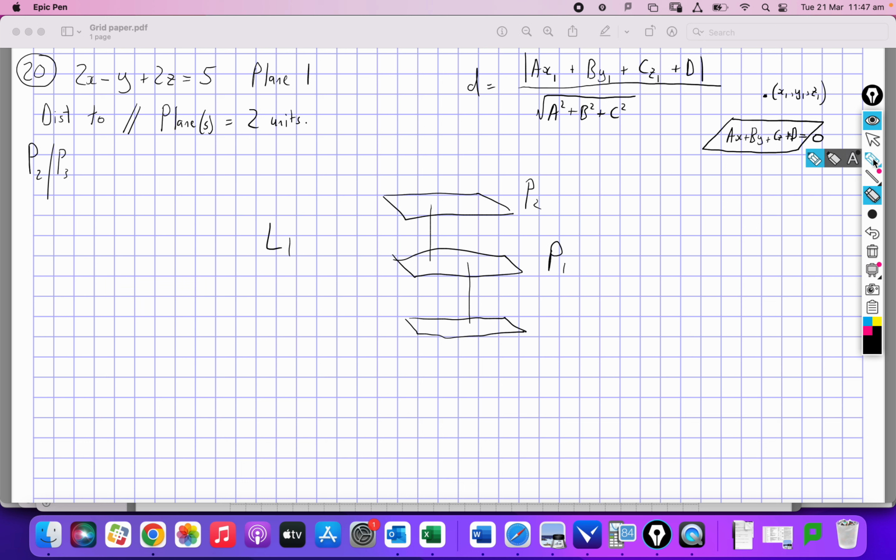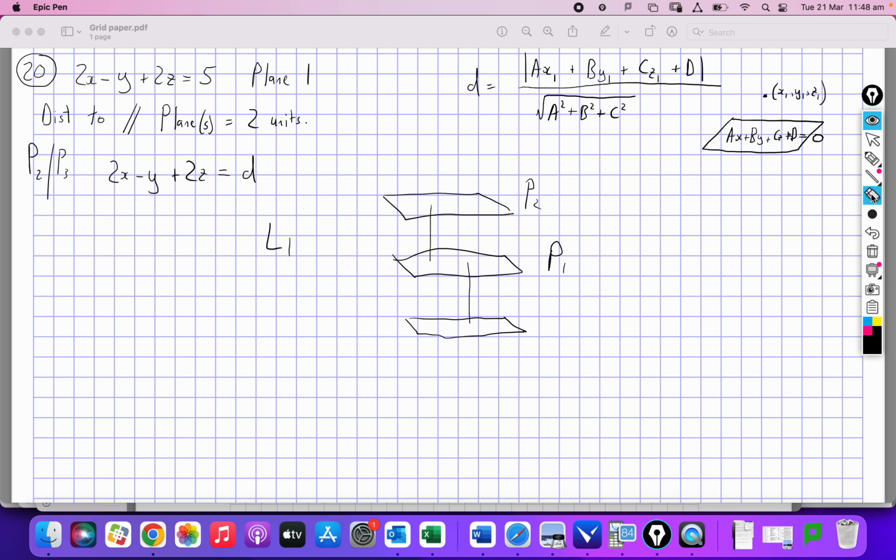In order for these to be parallel, it's only this constant value that will change. So it'll be 2x, minus y, plus 2z. That will all be the same, but it will now equal some constant value d.